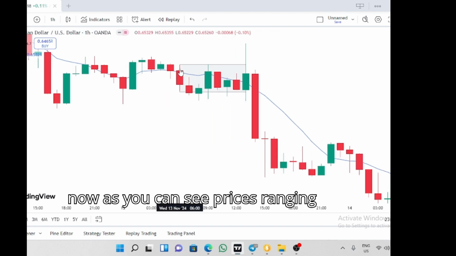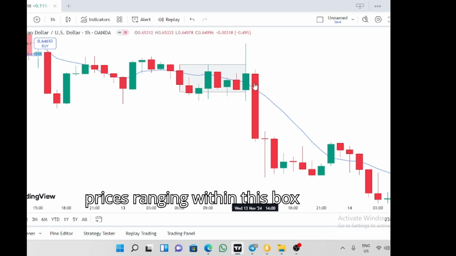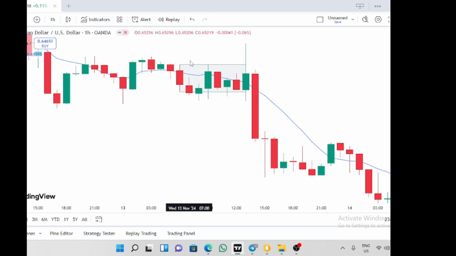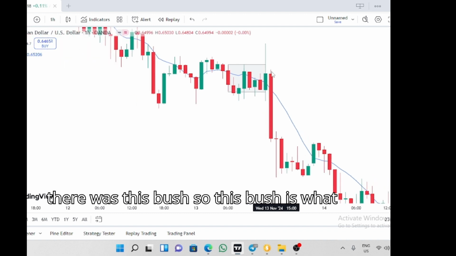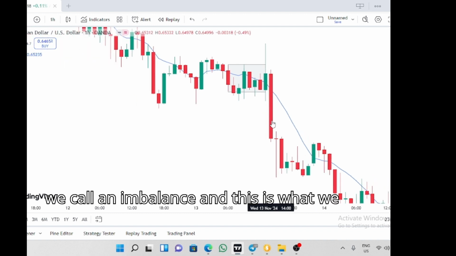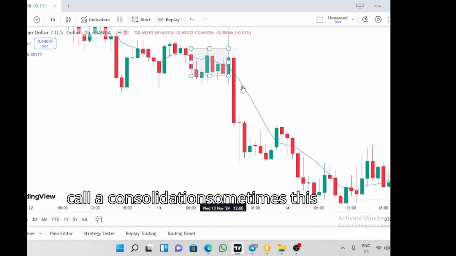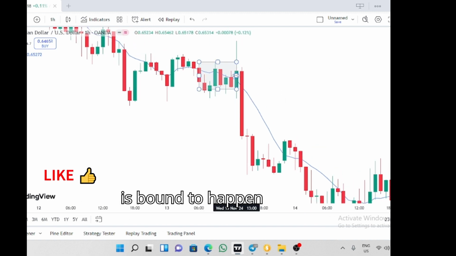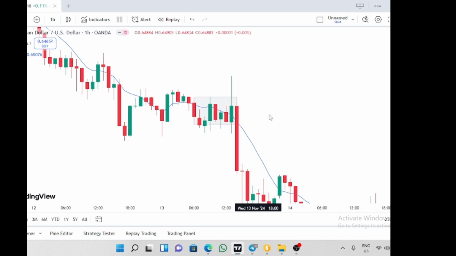Now as you can see, price was ranging within this box. It was just consolidating, and there was this push. So this push is what we call an imbalance, and this is what we call the consolidation. Sometimes this is bound to happen before price is pushed to the downside or the upside.